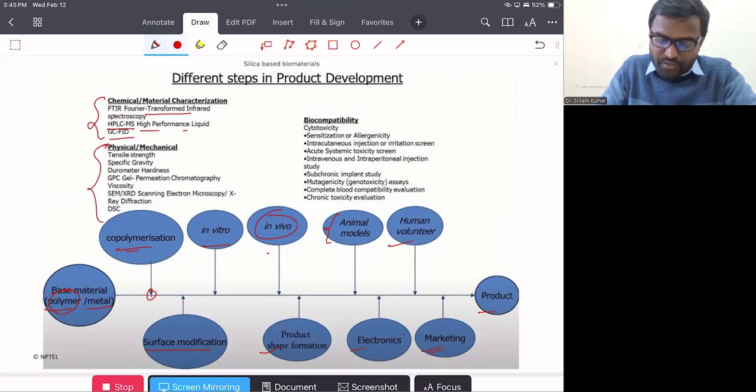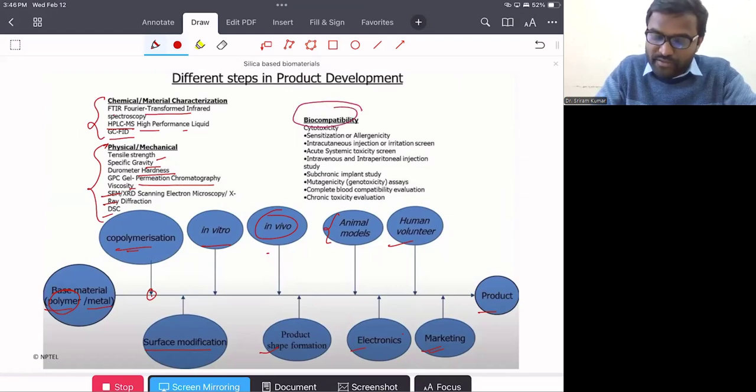For example, we need to determine the modulus. Then we use tensile strength, maybe specific gravity, and durometer hardness. Maybe we need gel permeation chromatography, viscosity, SEM, XRD, X-ray diffraction, and maybe DSC, differential scanning calorimetry. So these are the physical methods we need to characterize the materials.